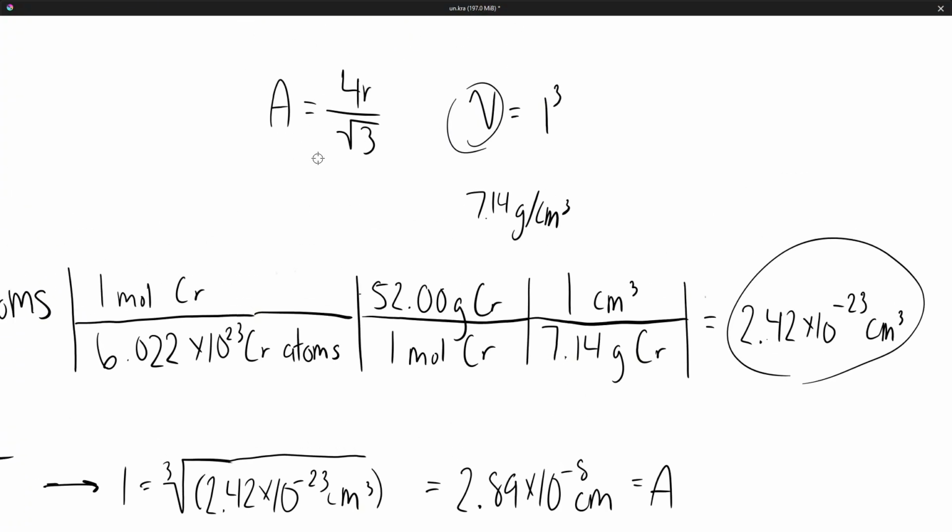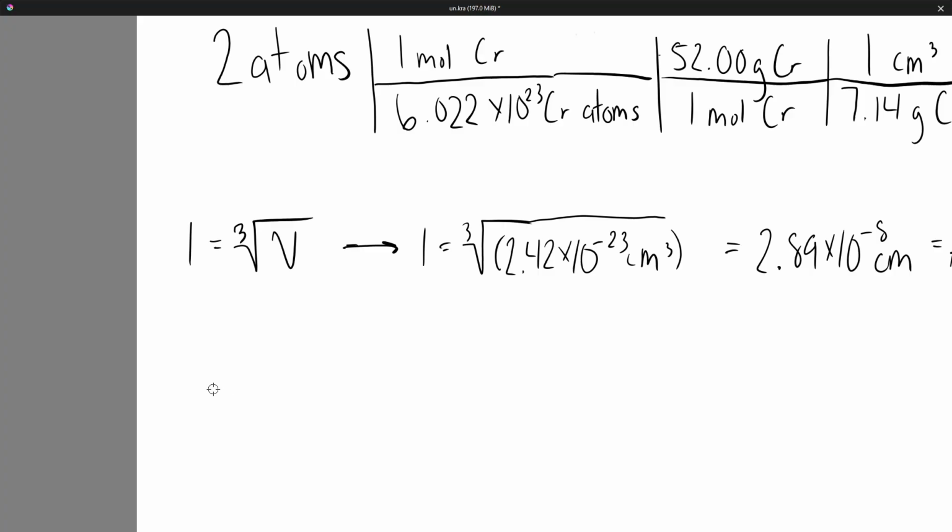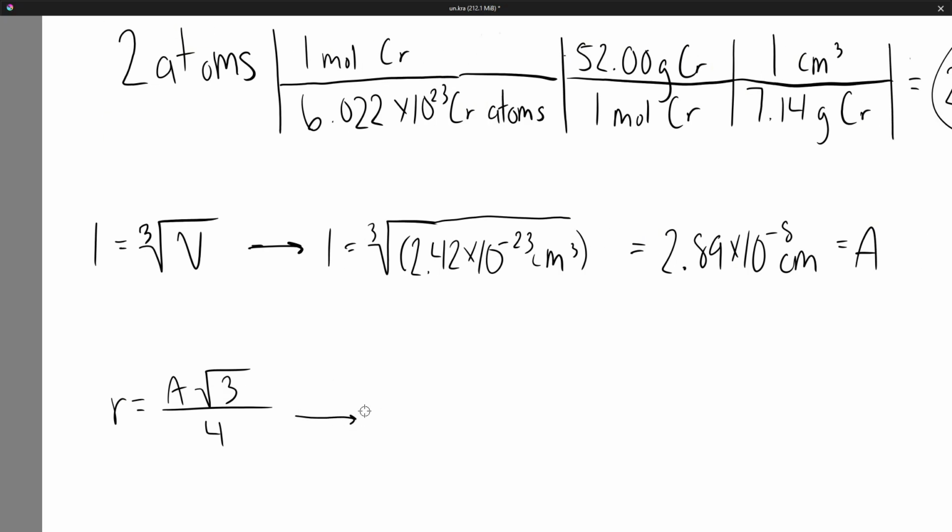This one. So to solve for radius, we just rearrange this equation to solve for R. So it would be R equals A times the square root of 3 divided by 4. So just plug those in.